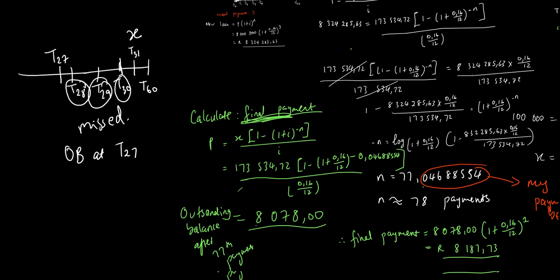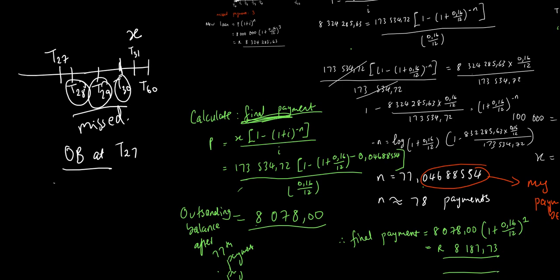But usually with this one, that's where they like to use the formula for future value and growth to get the outstanding balance. Then after they get the outstanding balance, they grow it over the missed payments. Then now you can calculate the new monthly installments. You see.